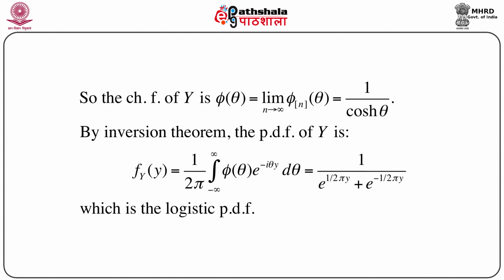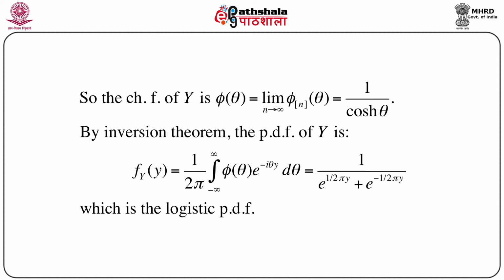Now, by the inversion theorem, we can easily get the PDF of Y, because we know the continuity theorem and the uniqueness theorem of characteristic functions. The PDF of Y is f(y) equals 1 over (e^(πy/2) + e^(−πy/2)).